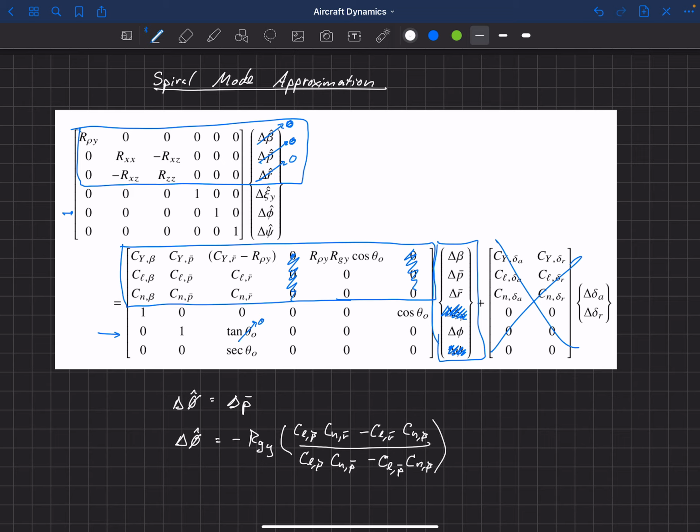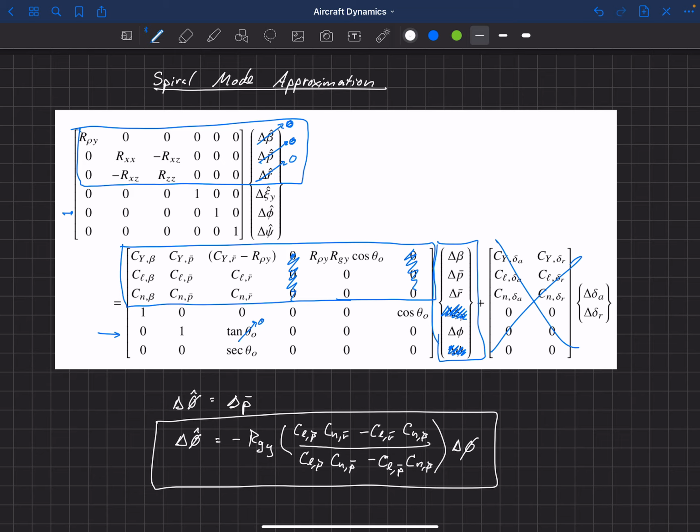So we're going to get delta phi hat is equal to all of this times delta phi, after we've gotten rid of all these other variables and back solved. It simplifies down to a rather simple equation.